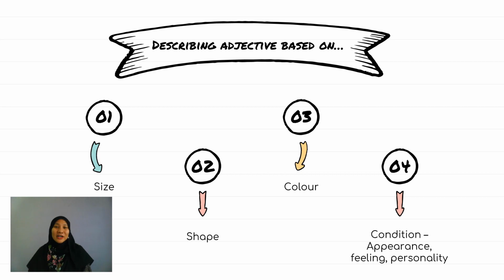For color, you may use adjectives such as bright, dark, blue, pink, gray, dull. And condition, you may describe it as healthy, easy, tough, crazy, curious, gorgeous, handsome, and many more.